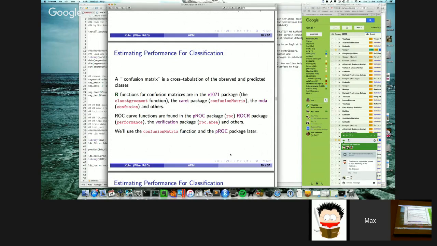There's a bunch of different functions that do that. I made this list a while back, and there's probably way more than are on this page. We're going to use one in caret called confusionMatrix. When we go to the ROC curves, a lot of people use the ROCR package. I tend to use the pROC package, so that's what I'm going to use, the roc function in the pROC package.